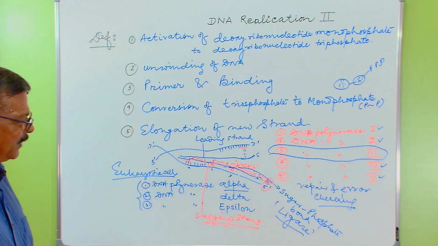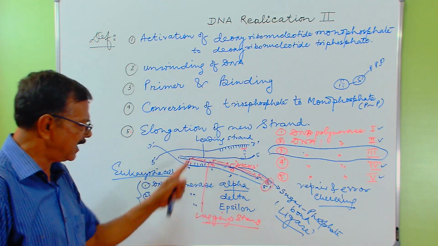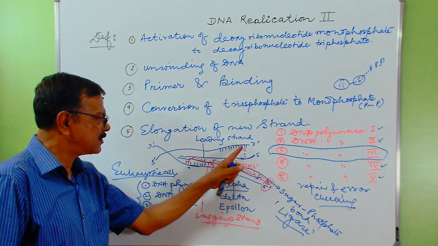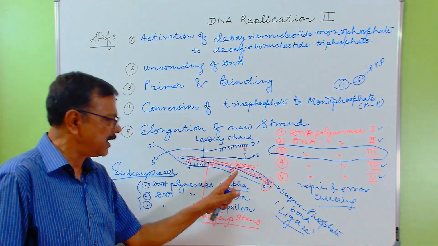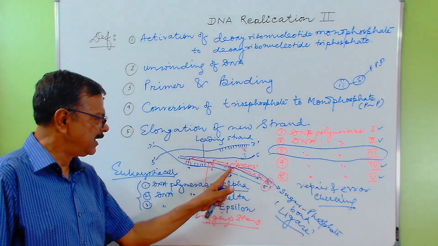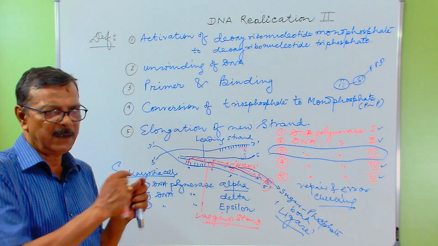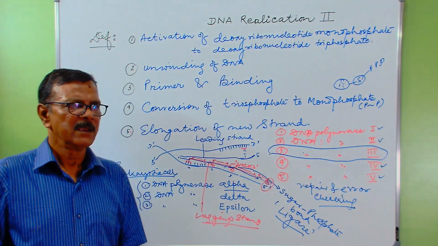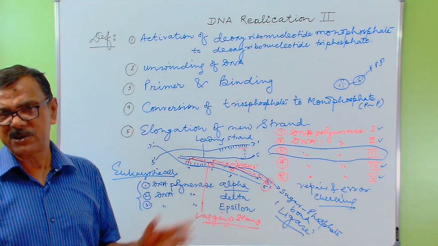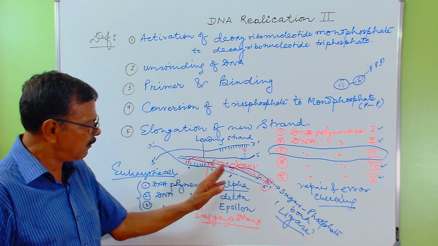Clear? So in this way, the leading strand is continuous and the lagging strand is not continuous, but it forms several fragments called Okazaki fragments, named after their discoverer, and the gaps between them are called nicks.